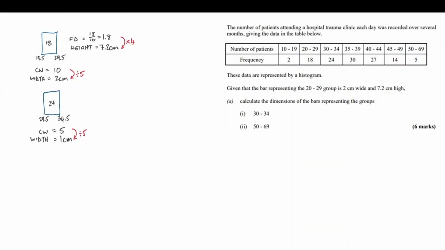The drawn width, the centimeter width, is 1 centimeter. Frequency density is the frequency, the 24, divided by the class width, 24 divided by 5. We can find the centimeter height, the drawn height, by applying our scale factor of multiplying by 4. 4.8 multiplied by 4, 19.2.